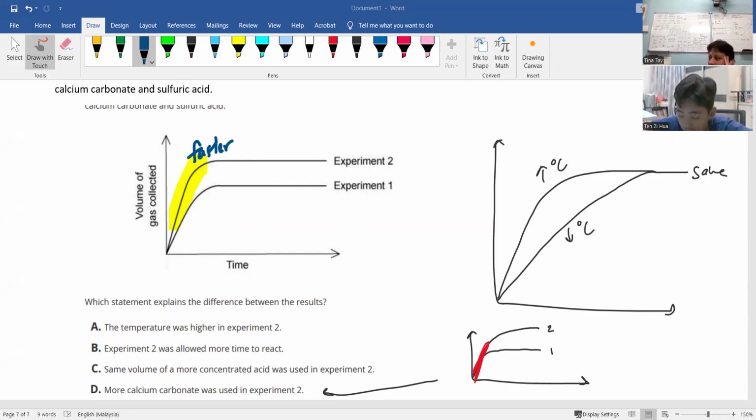What can make something faster but also the amount of moles more? More concentrated. Yes, correct. Understand why? Because concentrated also has more particles in the product. Make sense? Yeah. Okay.